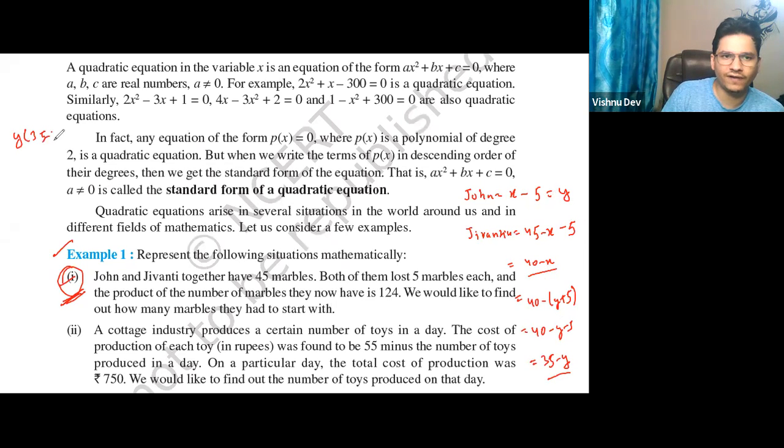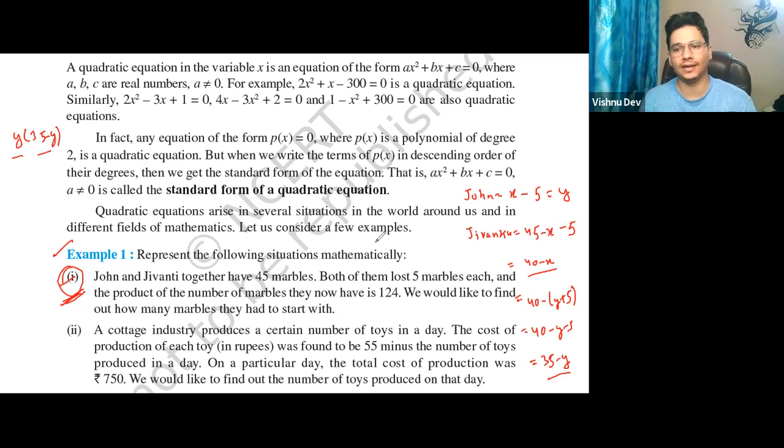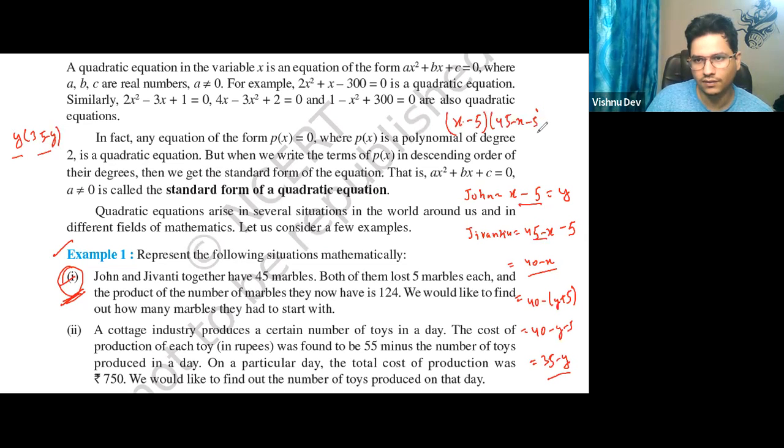But तुमने जो वेरिएबल लिया वो क्या है? वो y और वो गुम होने के बाद का है, राइट? और जिसने ये लिया वो गुम होने से पहले वाला है. x minus 5 into 45 minus x minus 5 equal to 124, multiply करने के बाद.